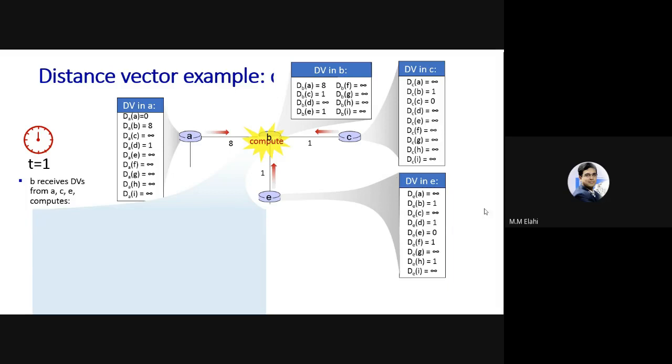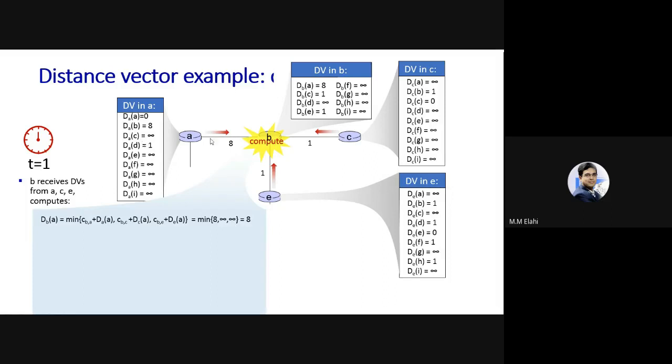So again, you can find D E A is infinite. So B gets all the values from advertisements from the neighbors. It will not do it from the graph, from the diagram. It will do it from the advertisements of the neighbor nodes. Okay, now the final value will be 8 because that is the minimum.